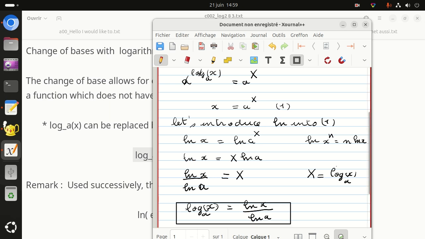Okay, this is what I want: log of x in base a equal ln of x divided by ln of a.